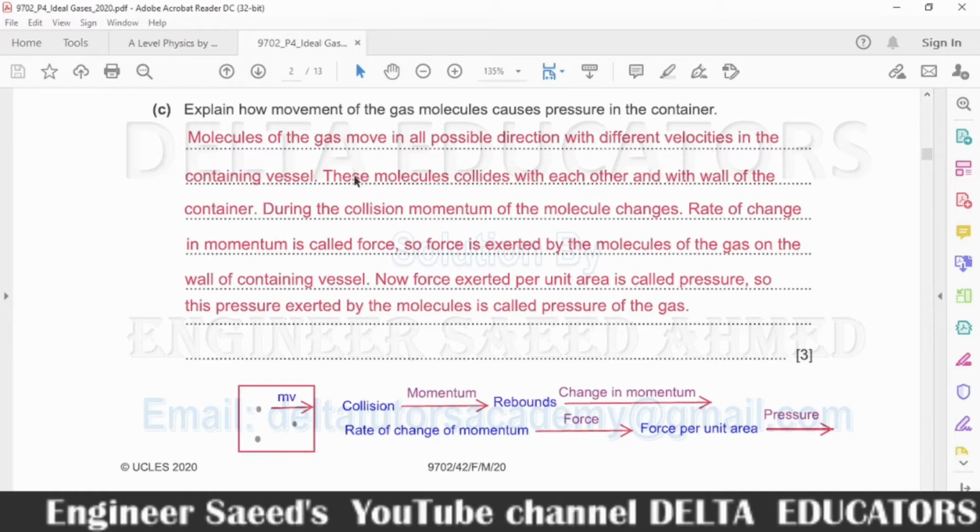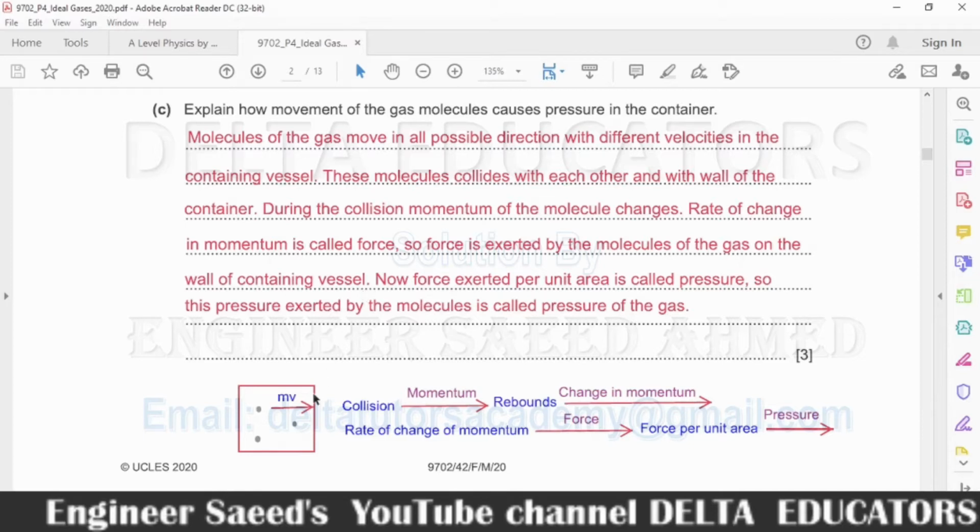These molecules collide with each other and also with the wall of the container. During the collision, momentum of the molecule changes. Now rate of change in momentum is called force. So force is exerted by the molecule of the gas on the wall of the containing vessel.